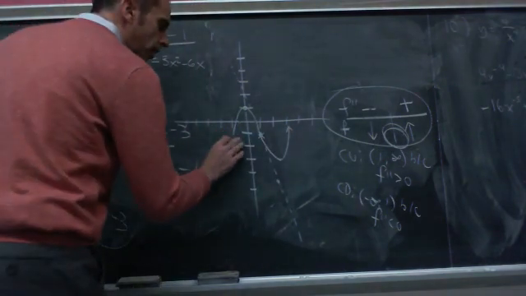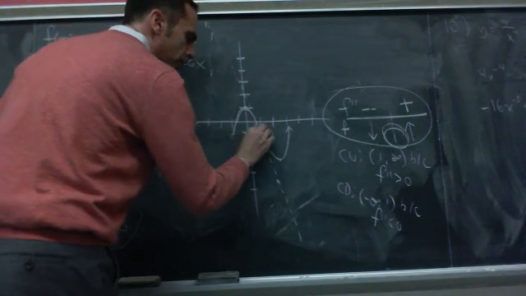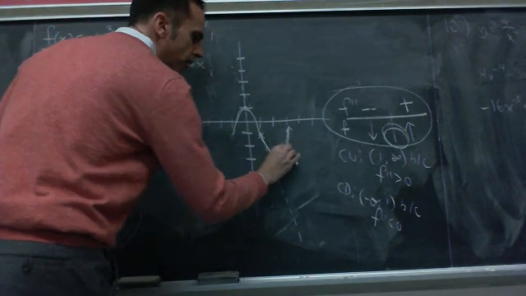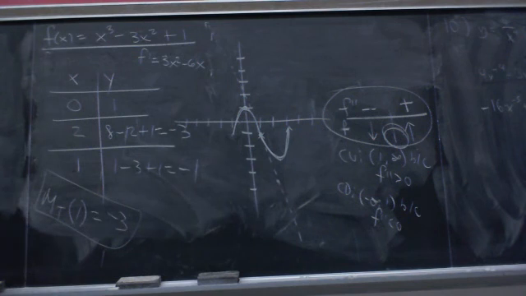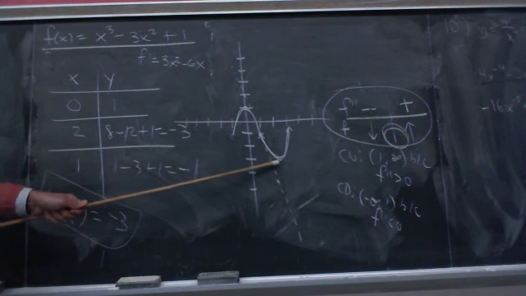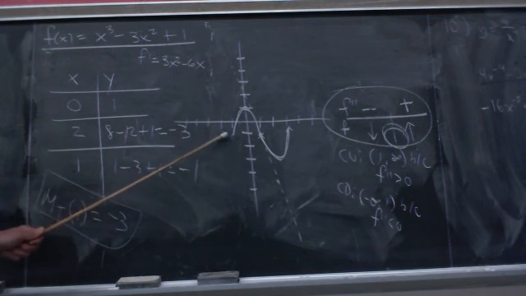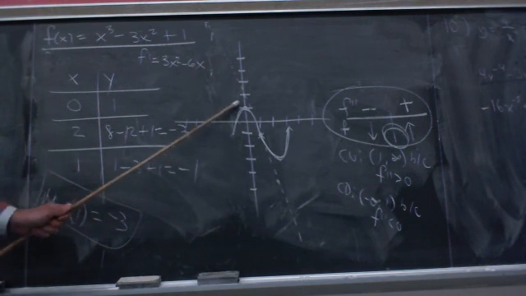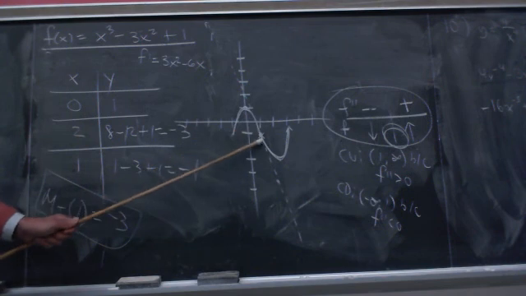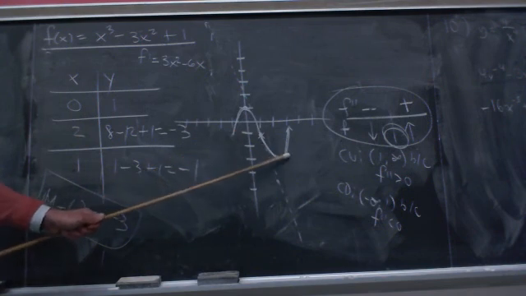So when you smooth it out, there's something very important to look for. We better be turning around up here at 0, 1, and we better be turning around down here at 2, negative 3. Relative max, relative min: it's where f prime changes signs from positive to negative, and then from negative to positive.